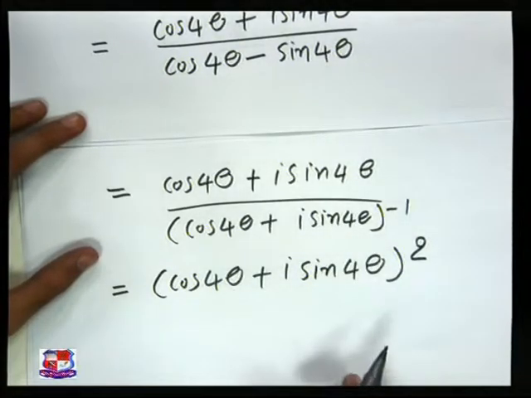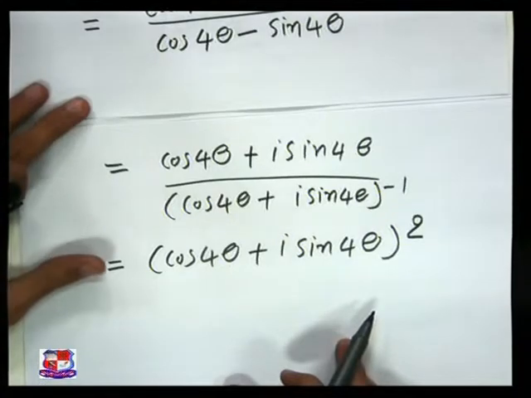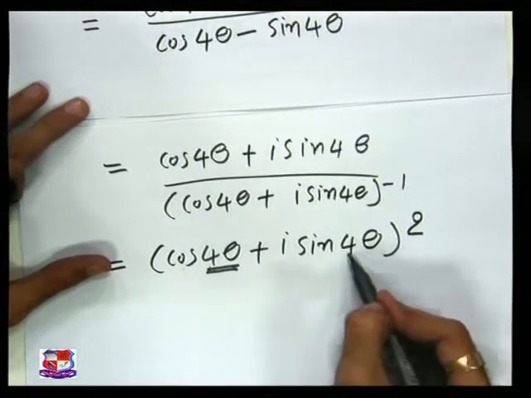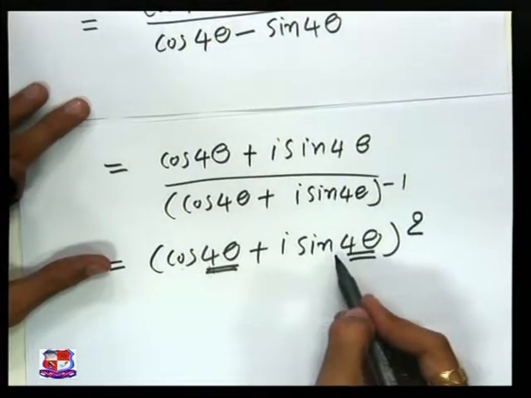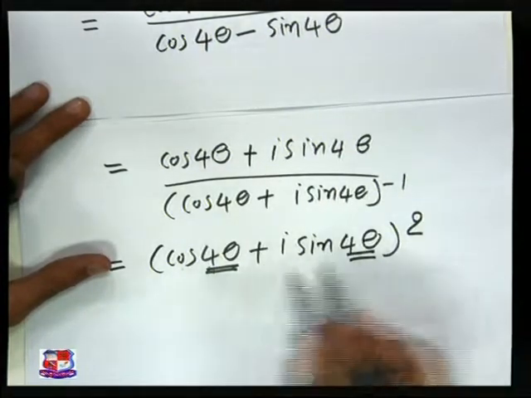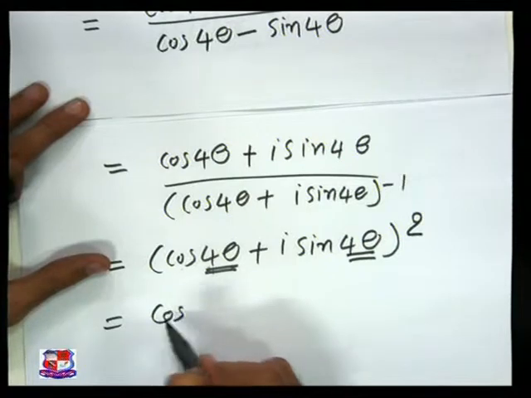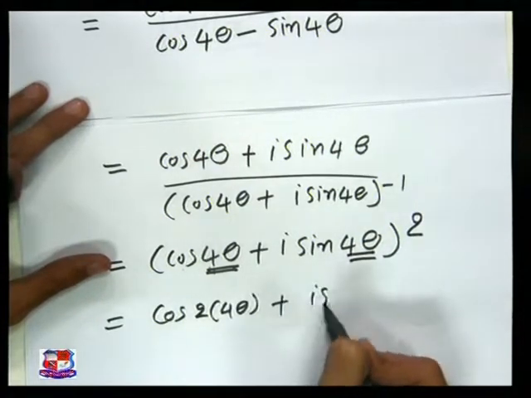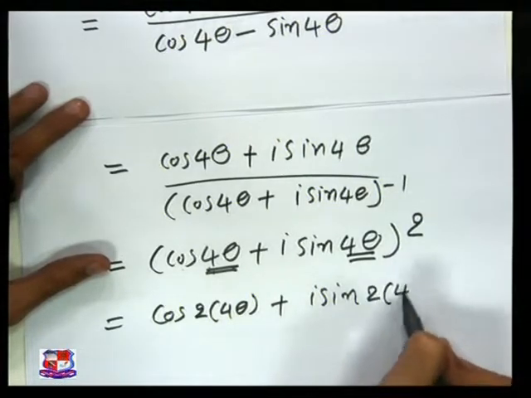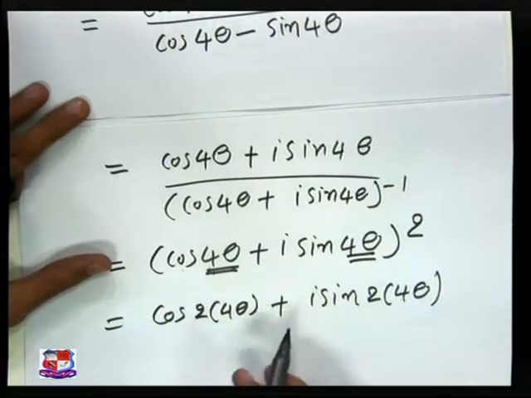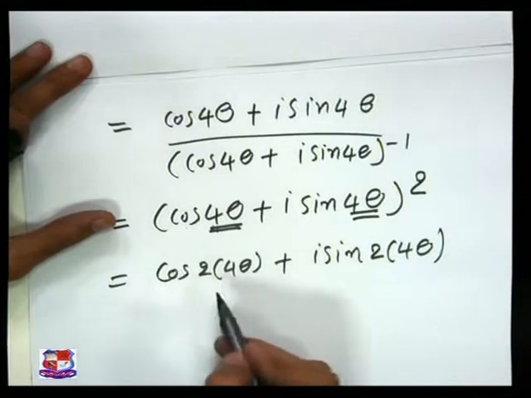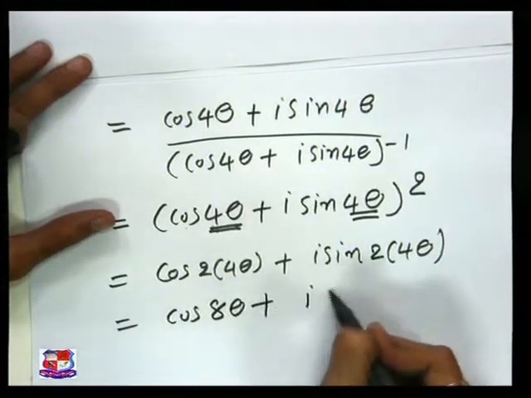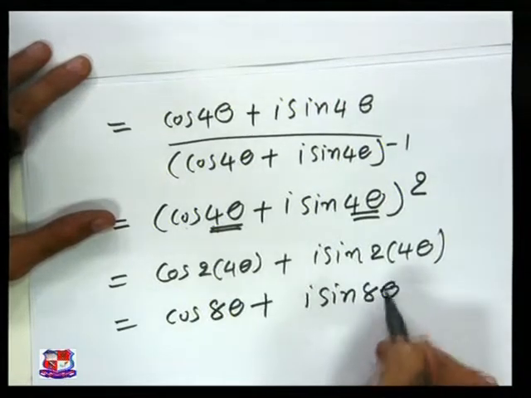And if I again apply De Moivre's theorem, cos theta plus I sin theta raised to n is equal to cos n theta plus I sin n theta, so this is cos of 2 into 4 theta plus I sin of 2 into 4 theta. I have applied De Moivre's theorem here, so it is equal to cos 8 theta plus I sin 8 theta.